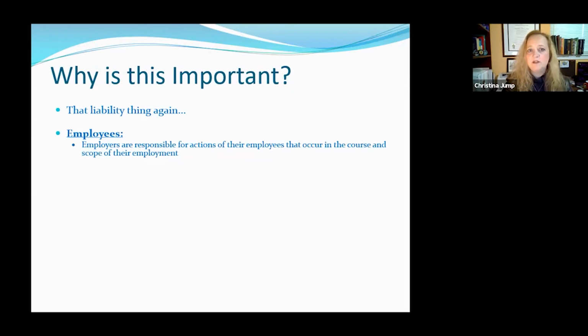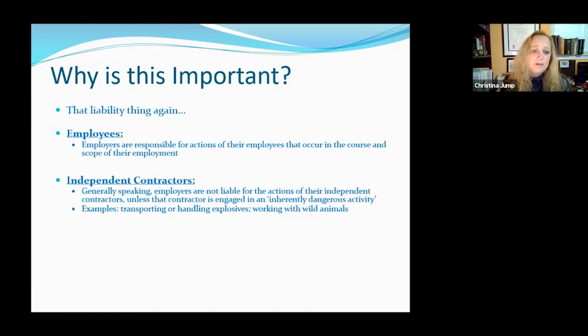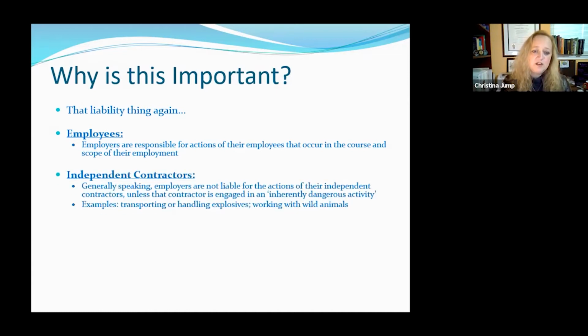So basically, if they're doing what you hired them to do, then you're responsible for their actions as they do that. Independent contractors, generally speaking, you're not liable for the actions of an independent contractor unless that contractor is engaged in an inherently dangerous activity for which you hired them.